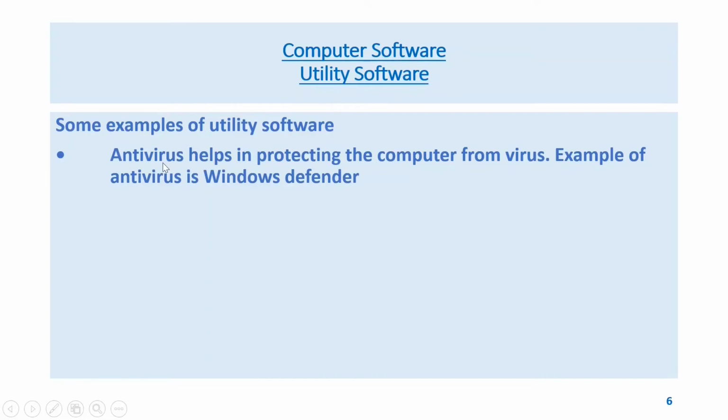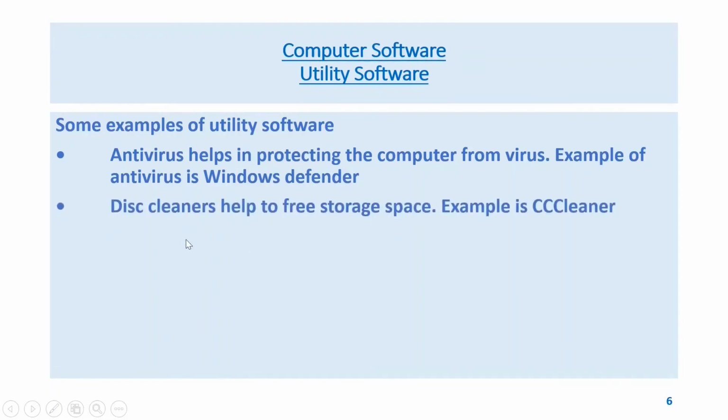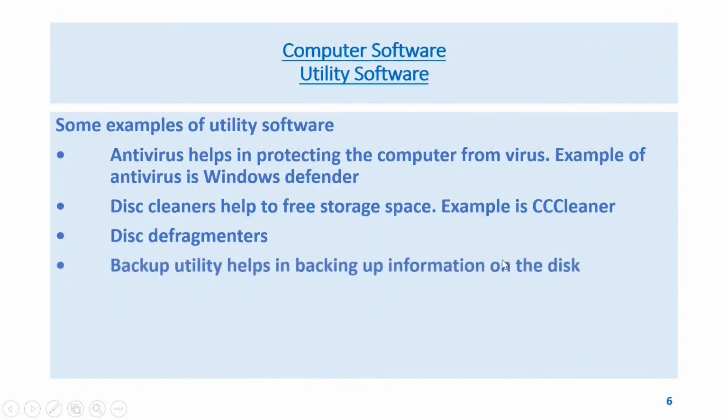Antivirus. Antivirus helps in protecting the computer from virus. Example of antivirus is Windows Defender. Disk cleaners. Disk cleaners help to free storage space. Example is CCleaner. Disk defragmenters. Backup utility helps in backing up information on the disk.